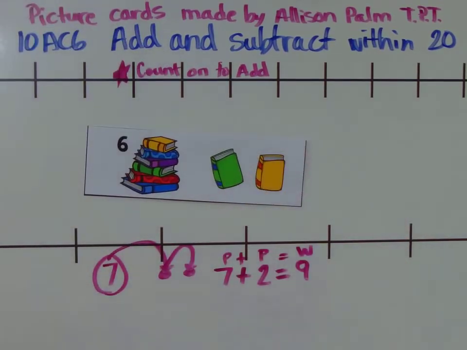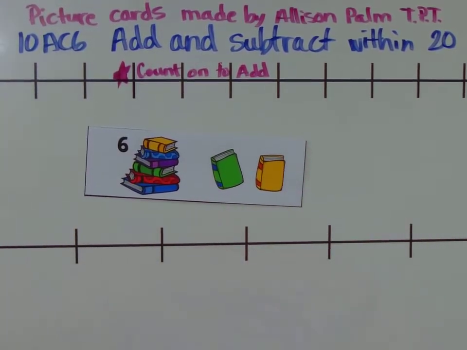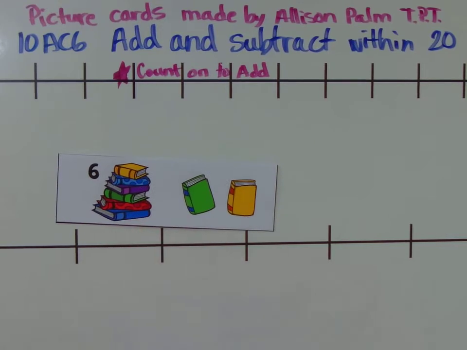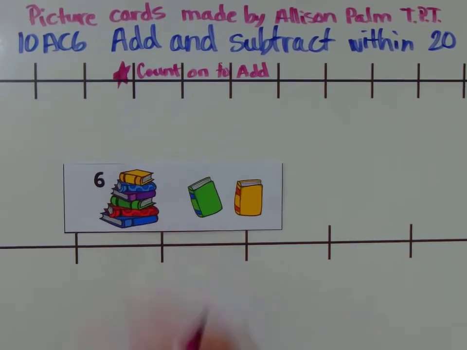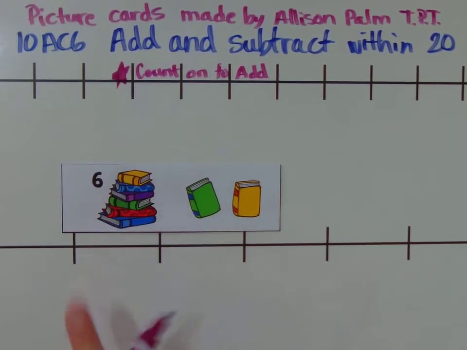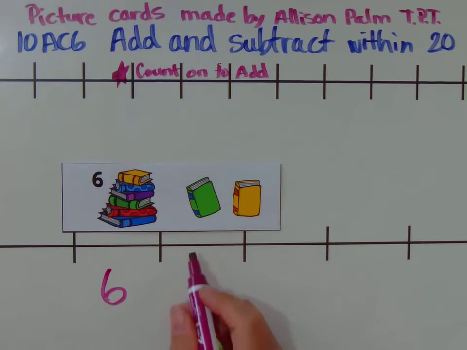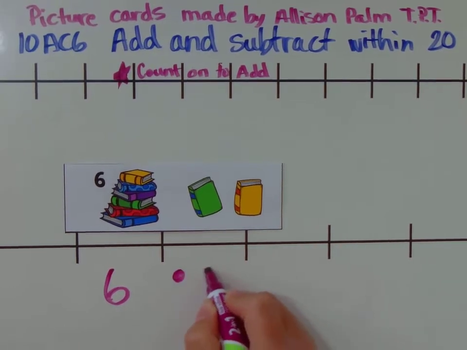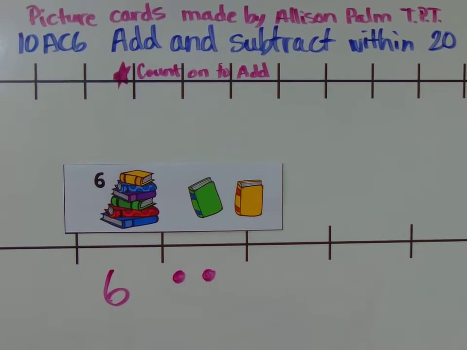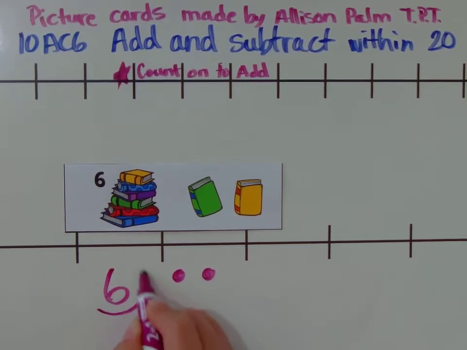The next one we are going to do is 6 books and 2 more. So on your board, you're going to write 6, and representing those 2 books, you're going to draw 1 book, 2 books. You don't have to draw the books, you can draw dots to represent the books.